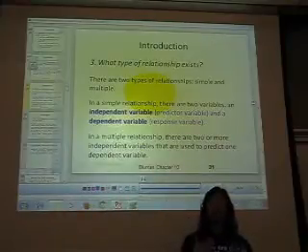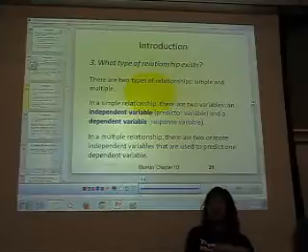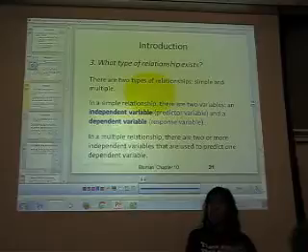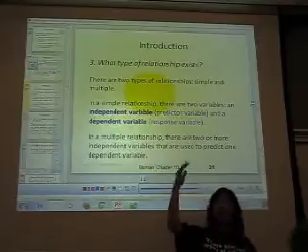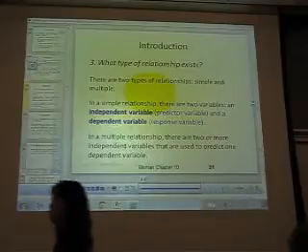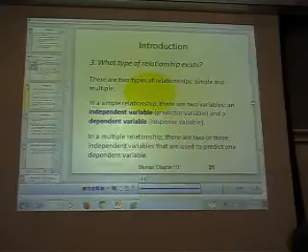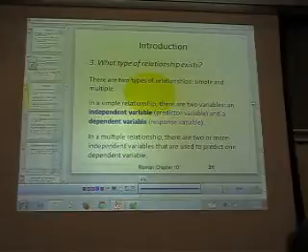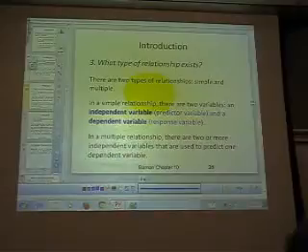That's the one that depends upon whatever happens with the X variable. That's our X independent, and we're saying that theoretically it causes something with the Y. Keep going. In a multiple relationship, there are two or more independent variables that are used to predict one dependent variable. Great.